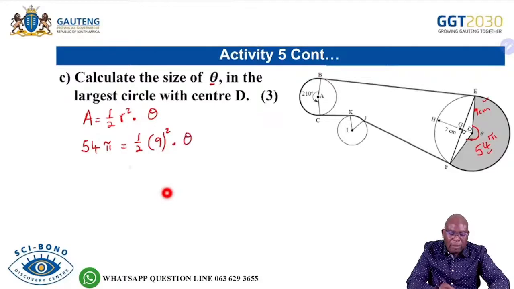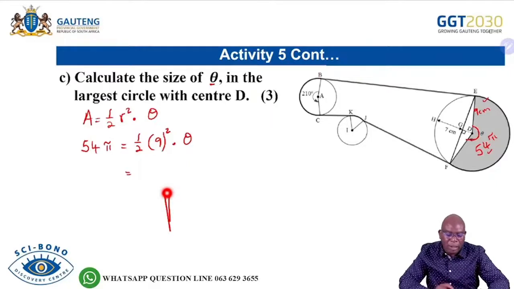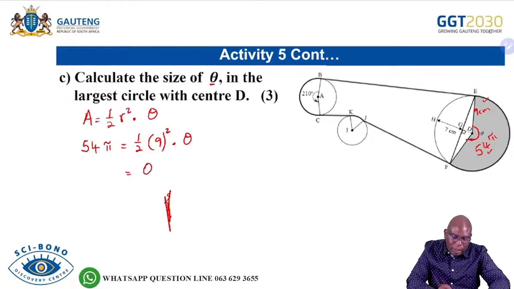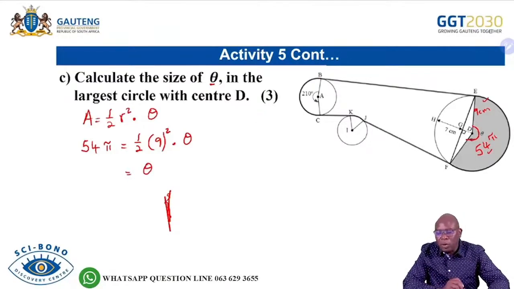Then theta equals 54 pi divided by 0.5 multiplied by 9 squared.